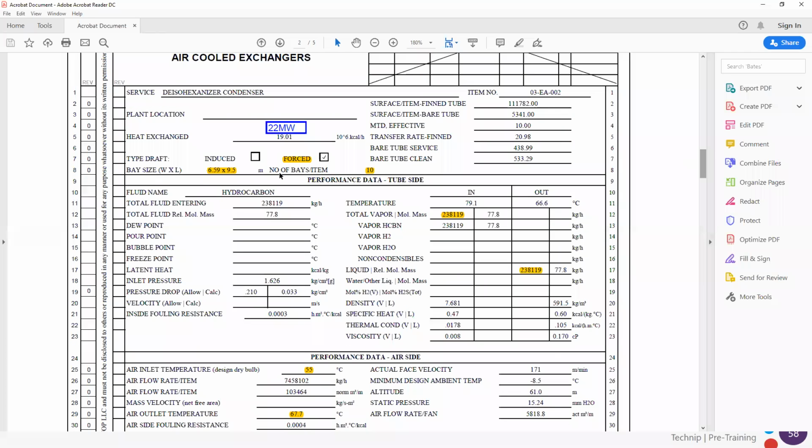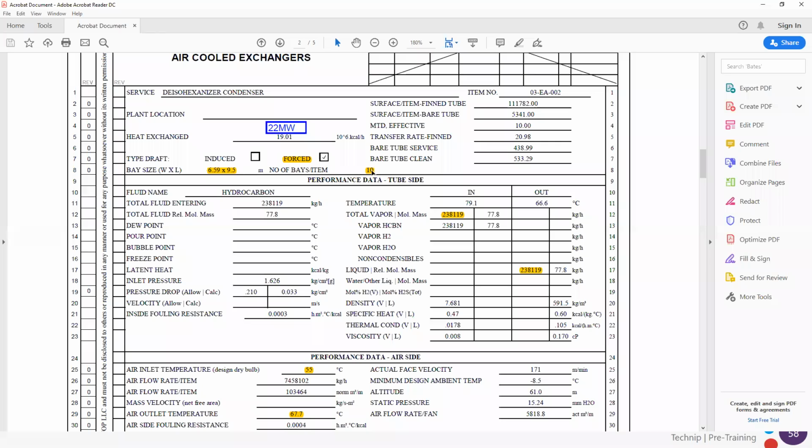First of all, we consider there is a huge heat exchange, 22 megawatts. So it's a total condenser. We have a huge amount of liquid that we condense, and we have a forced air cooler.